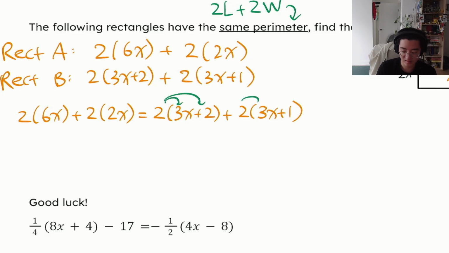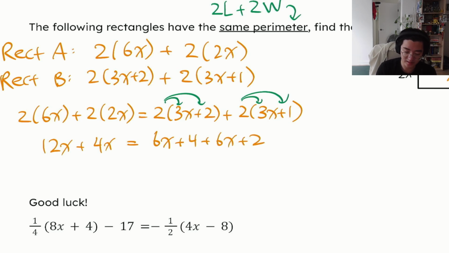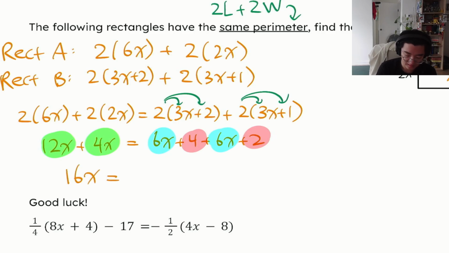So 2 times 6, and then 2 times 2. So expanding this is 6x plus 4, and then 6x plus 2. Okay, let's combine the like terms. We've got like terms on the left side, which is those two, and like terms on the right side, which is those fellas. 16x equals 12x plus 6.